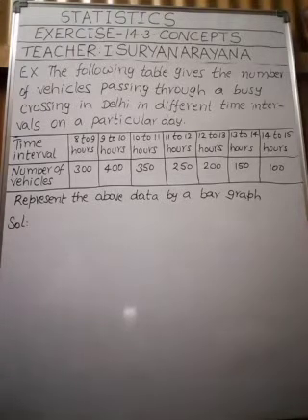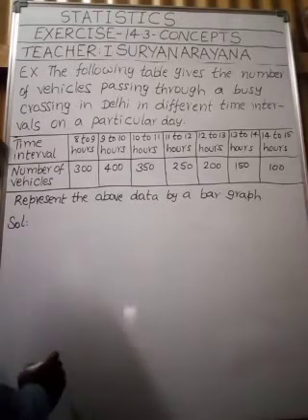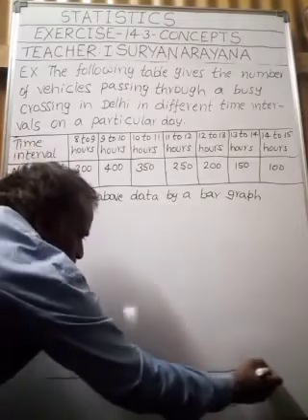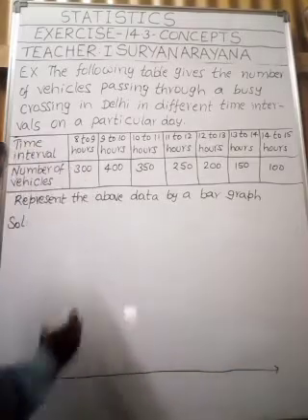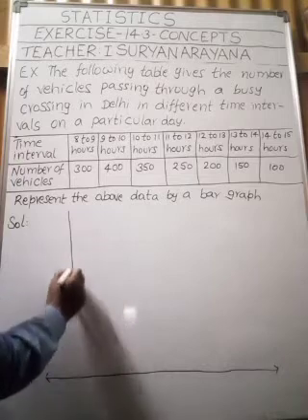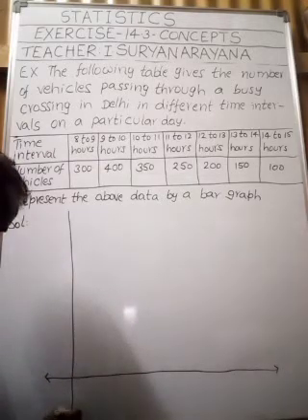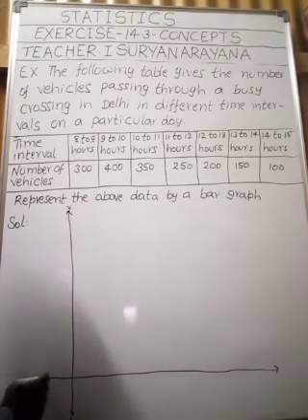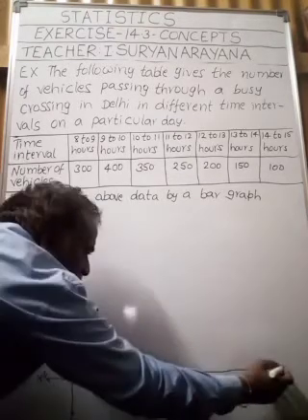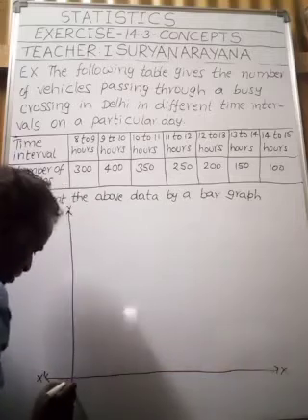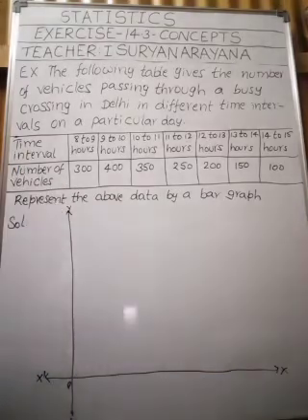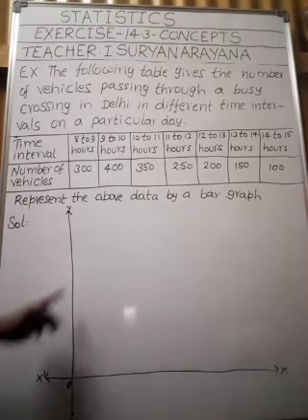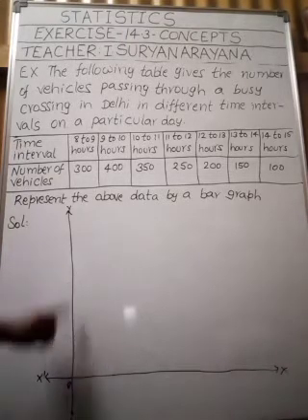On the x-axis, let us take... Here Y dash, here X dash X. Here O is the origin, the point of intersection of these two axes, X-axis and Y-axis.